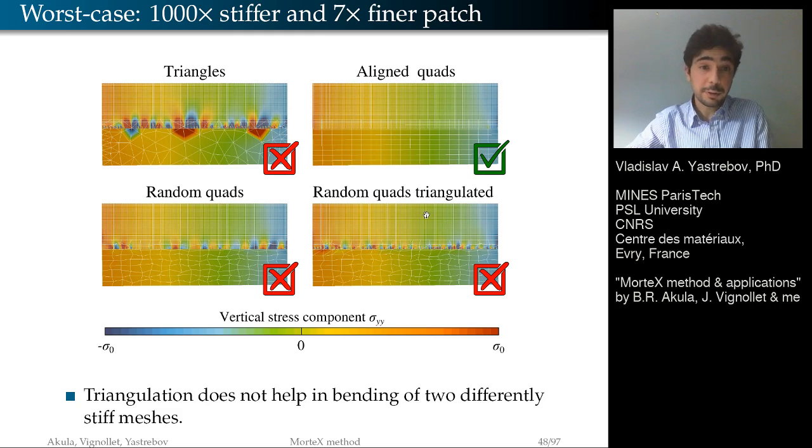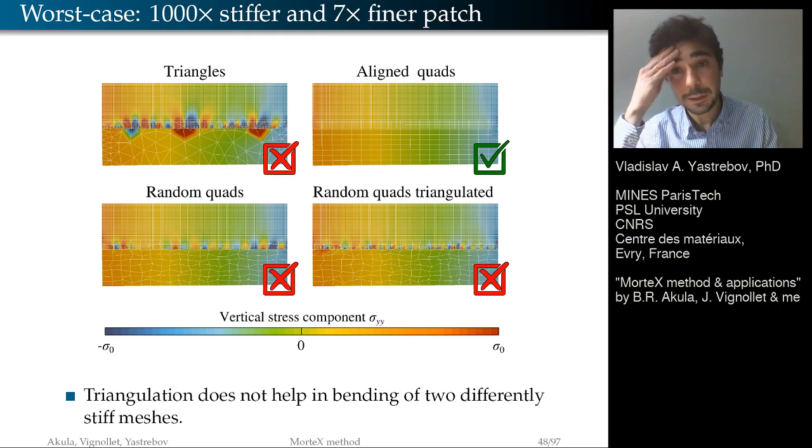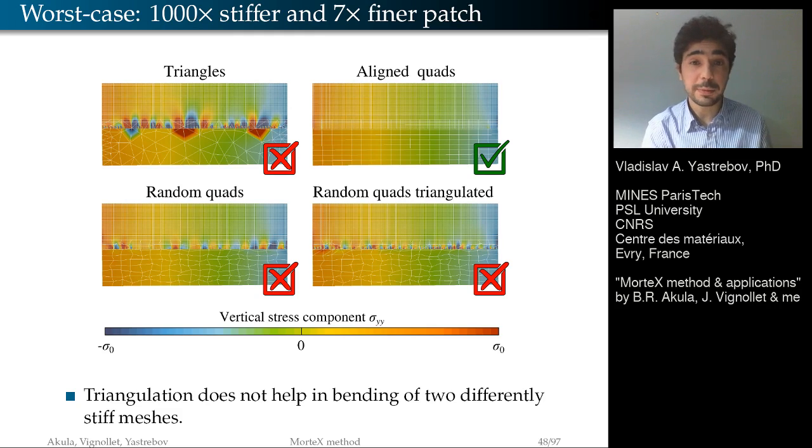So here the triangulation does not help, and apparently all this happens because it over-constrains the problem, and there are too many Lagrange multipliers in the interface which are stored in the patch. When the patch is fine, there are too many Lagrange multipliers and too few displacement degrees of freedom, and so we get an over-constrained problem.